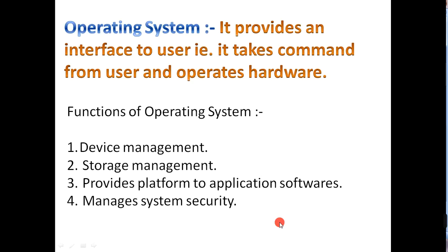Now move to our next topic, that is the operating system. An operating system is a system software which provides an interface to the user. So what is an interface here? Interface here means how to interact with the computer.